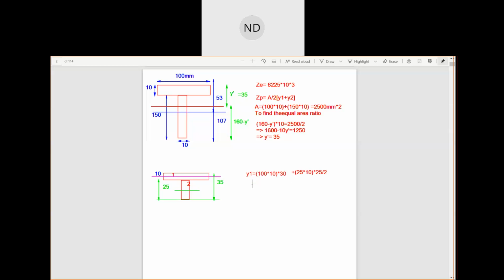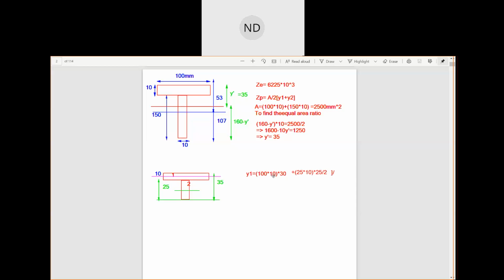Okay, sorry, sir. This y1 was what? A1 y1 plus a2 y2 by a1 plus a2. So this entire thing will be divided by a1 plus a2. I'll write a1 at the bottom.